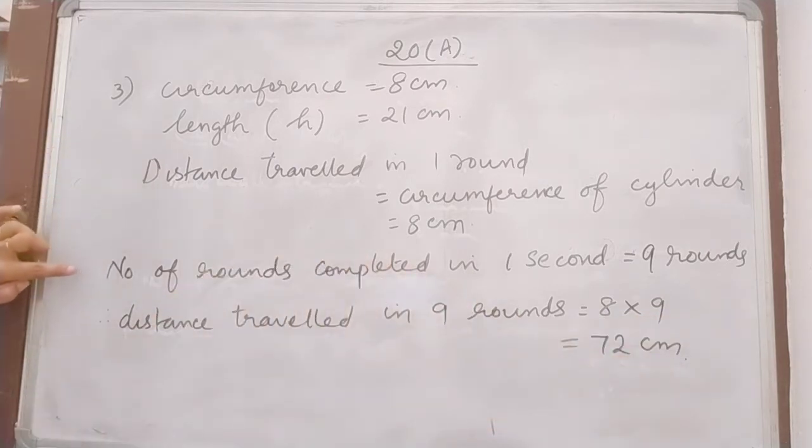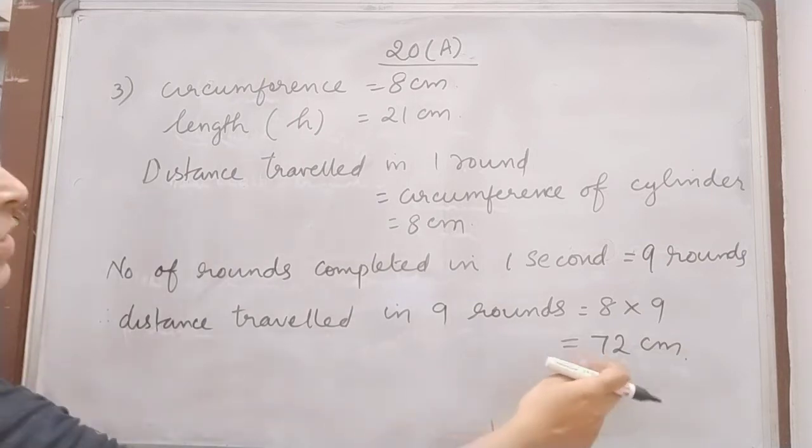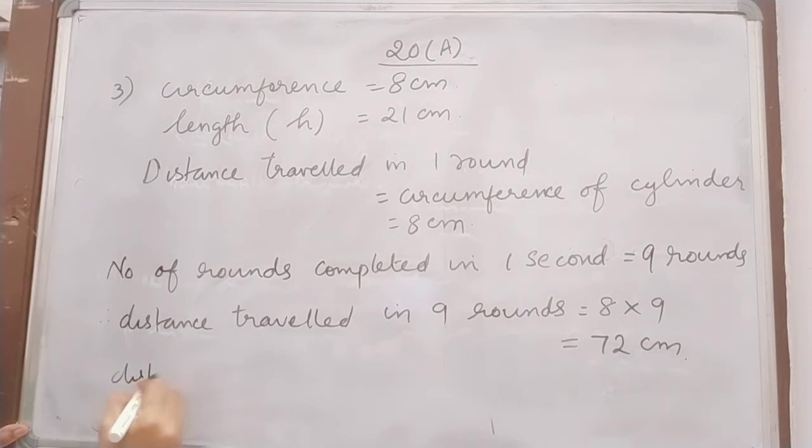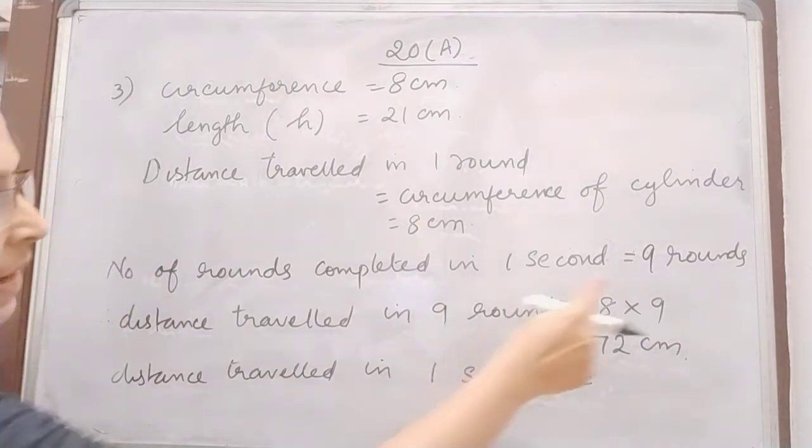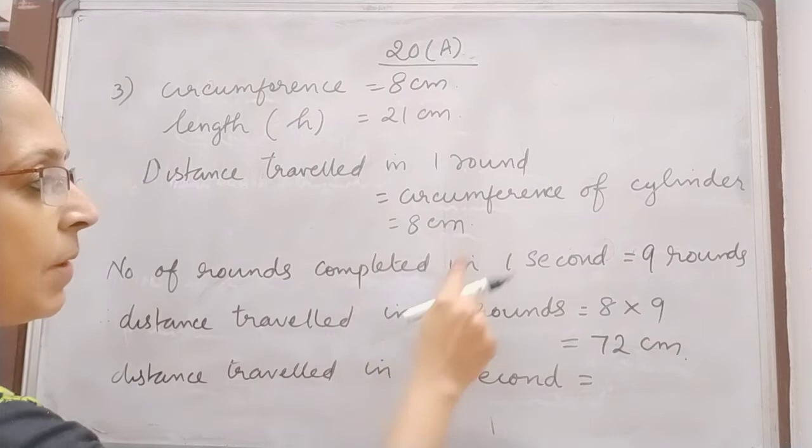So what will be the distance travelled in 1 second? Distance travelled in 1 second will also be 72 centimeter, because 9 rounds are completed in 1 second.